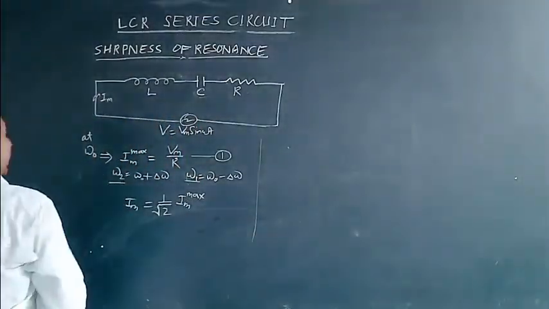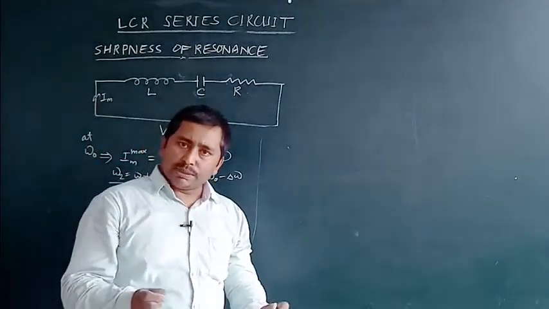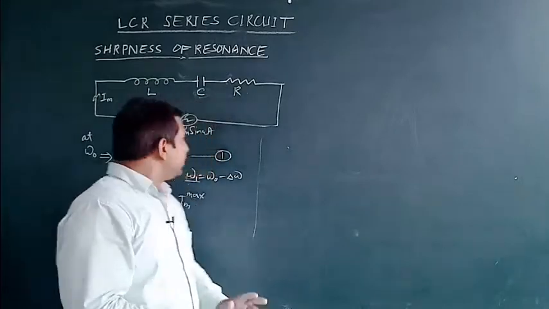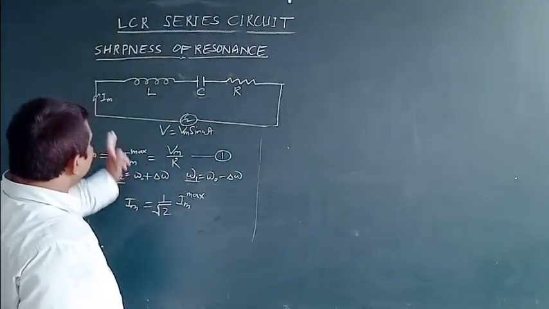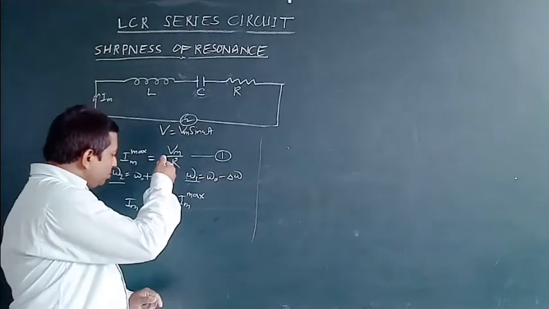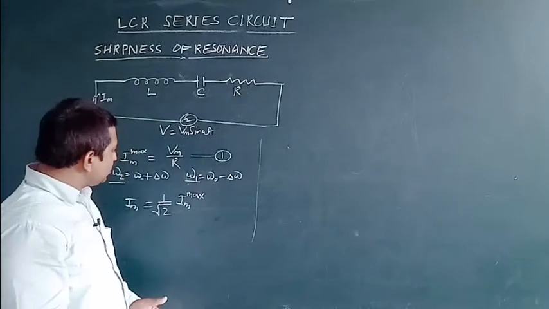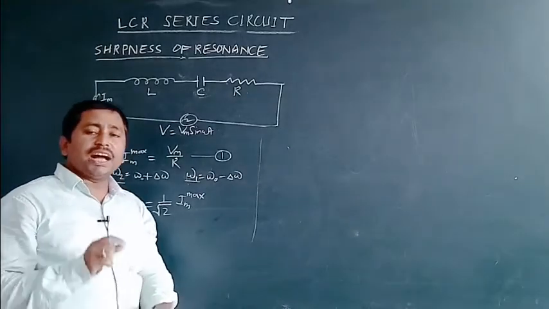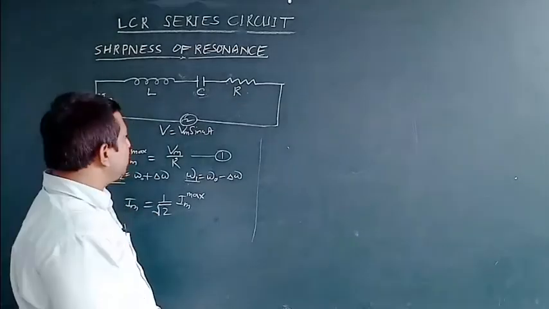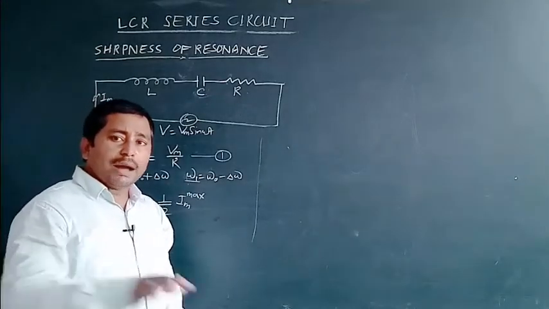So if we take two different frequencies of the AC voltage source at which the current reduces to 1 by root 2 times the maximum current, and the voltage also reduces by 1 by root 2, the power reduces to its half value.